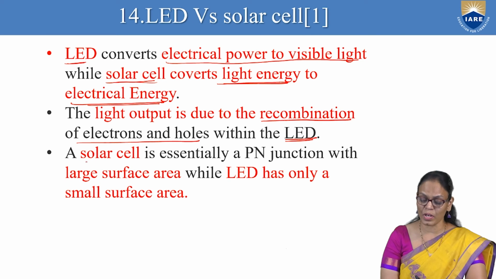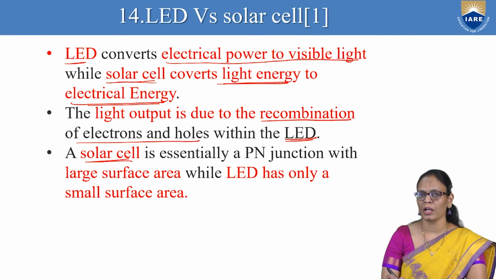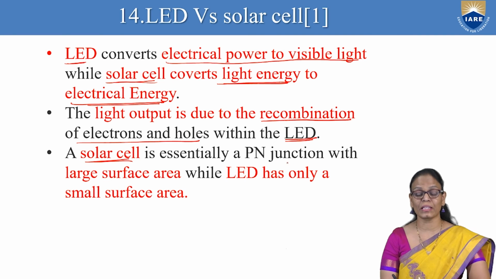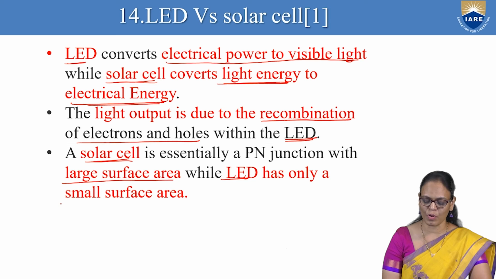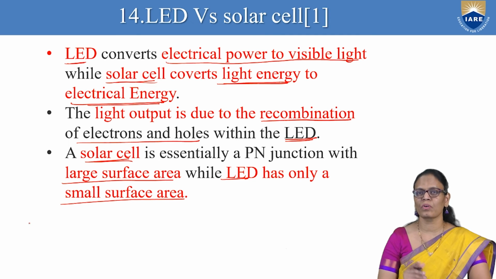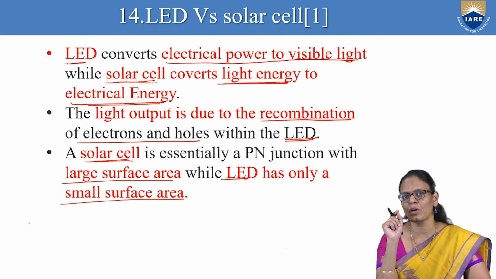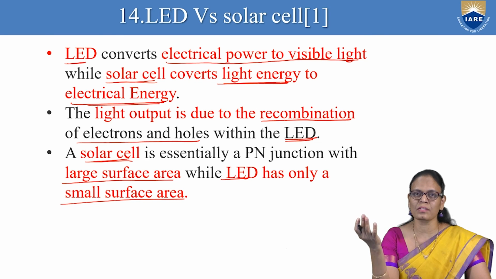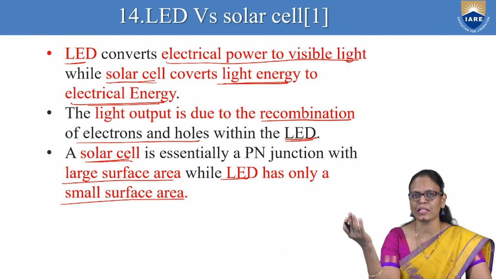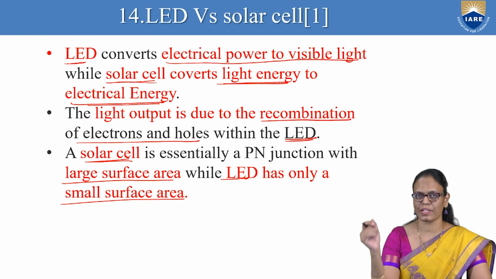But a solar cell is a PN junction with a large surface area, but an LED has a small surface area. LEDs are very small in size, of the order of millimeters. But solar cells or solar panels have a large surface area.